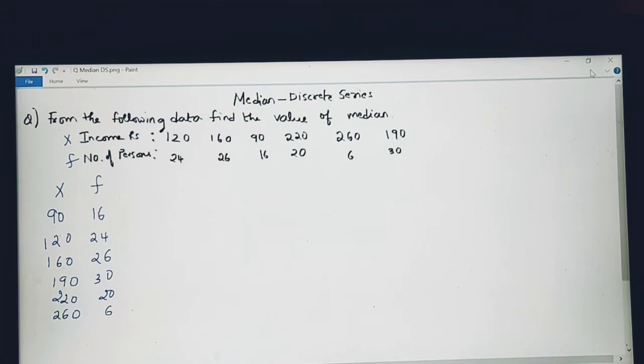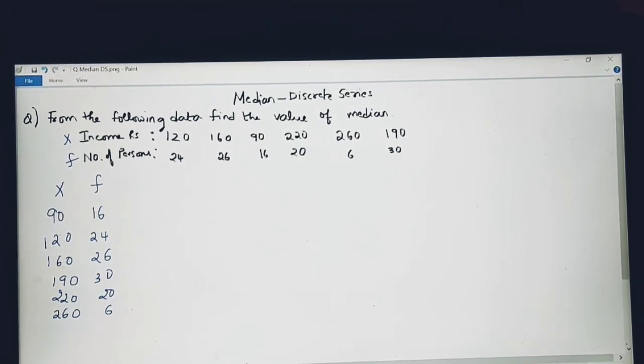Now we will calculate the cumulative frequency for this frequency column. I put the heading as CF, and 16 is my first value, which I put as the same. Then 16 plus 24 I get 40. Then 40 plus 26 I have 66. Then 76, 86 and 96.